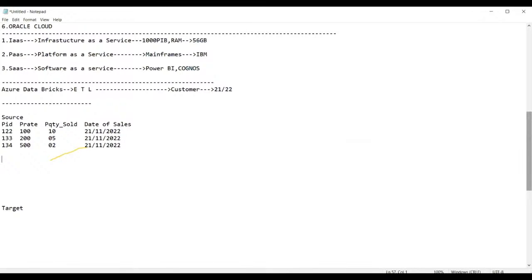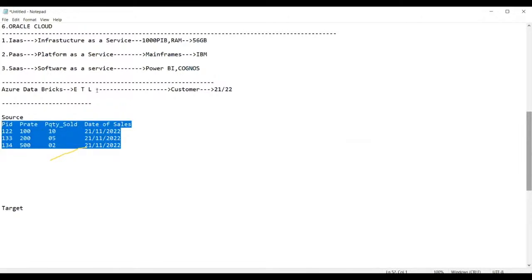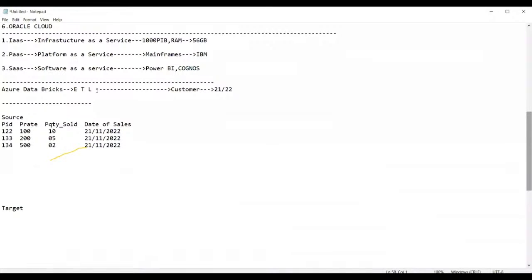To write the 22nd data, I'll simply copy this information and paste it here.